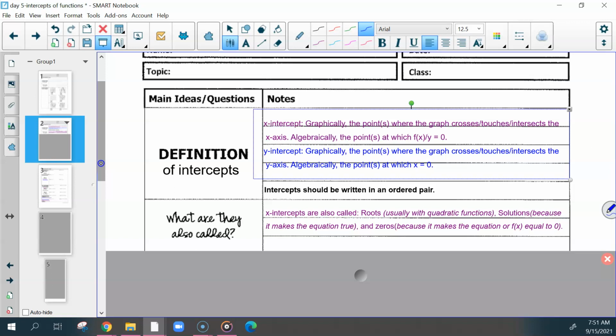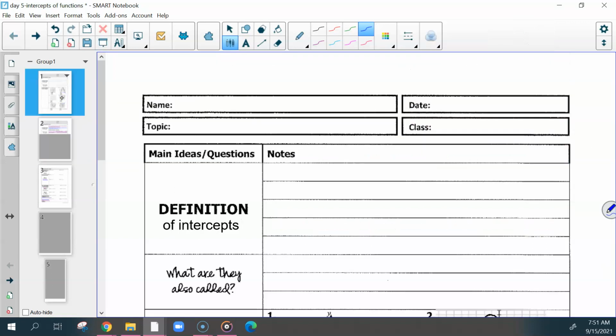So, summary, algebraically is where x or y is 0, depending on what you're looking for. Graphically is where it crosses or touches the x-axis. I'm going to just rewrite that because a lot of you are saying.